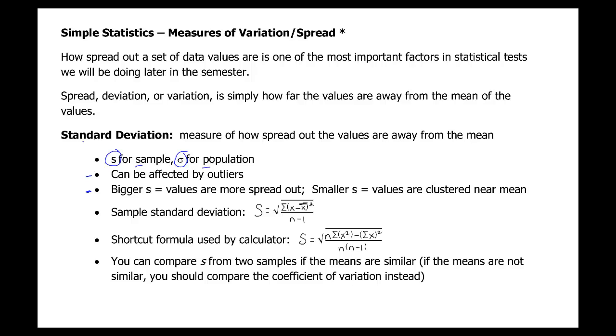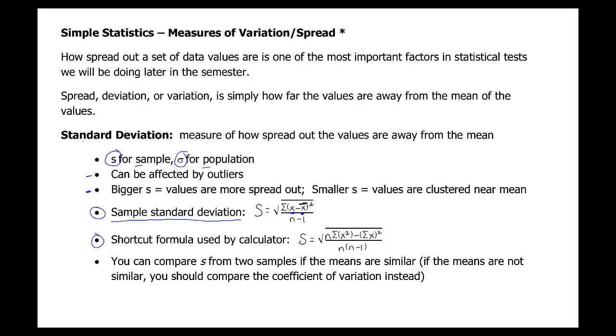So we have two equations that we can use. The first one is the standard equation for sample standard deviation. What we're going to do is take the difference between a value of x and the mean.